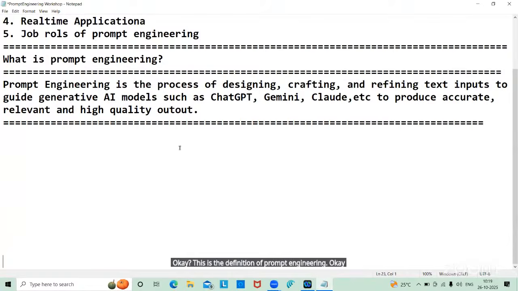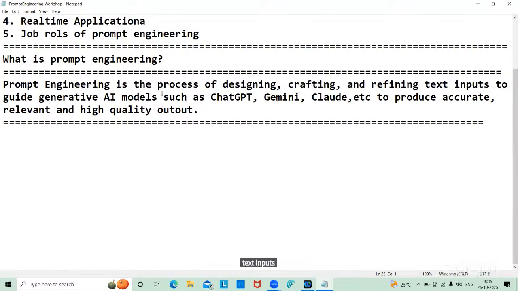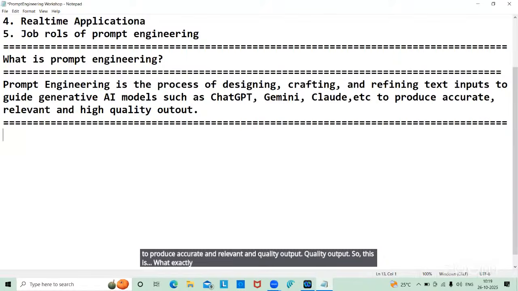So prompt engineering is a process of designing, crafting, and refining text inputs to guide generative AI models such as ChatGPT, Gemini, Claude, etc. to produce accurate, relevant, and quality output. So this is exactly what prompt engineering is.